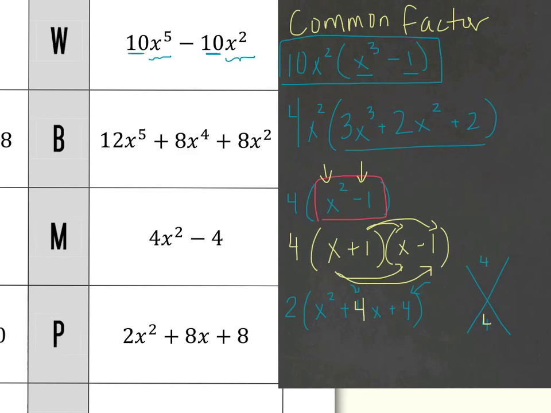This 4 is this 4, and this 4 was that 4 there. So I am trying to find what I would multiply to get the top, this is multiplication, and then combine to get the bottom. And so 2 and 2 would work for me. And so I end up getting x plus 2 and x plus 2. Now, if you wanted to write that as x plus 2 squared, that would be even prettier.